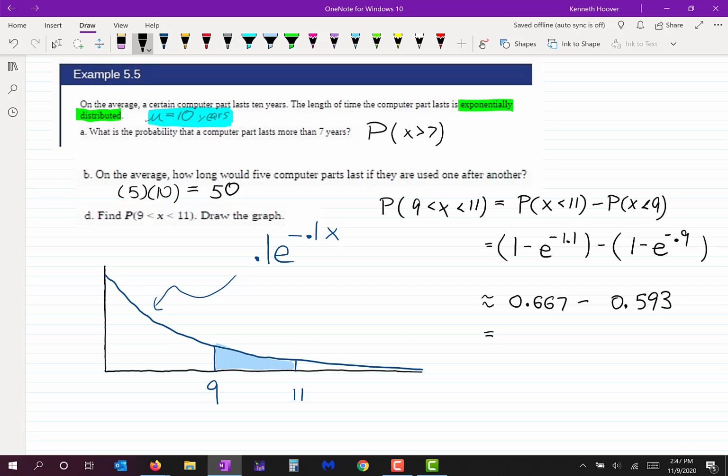I should have just done it in my head, would have been faster, but I didn't feel like it. Okay, that's going to be 0.074. So there's about a 7.4% chance that a randomly selected computer part will last between 9 and 11 years.